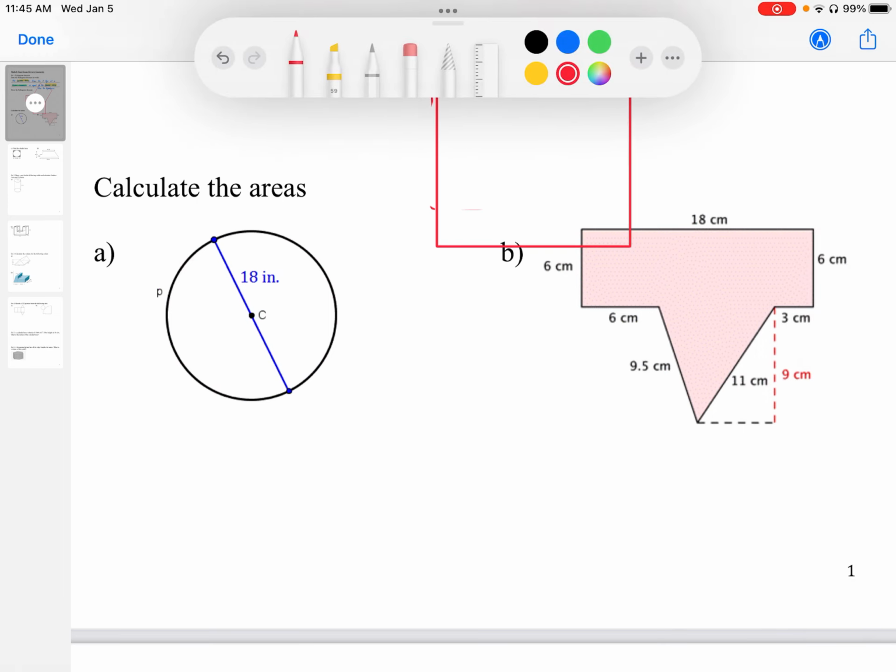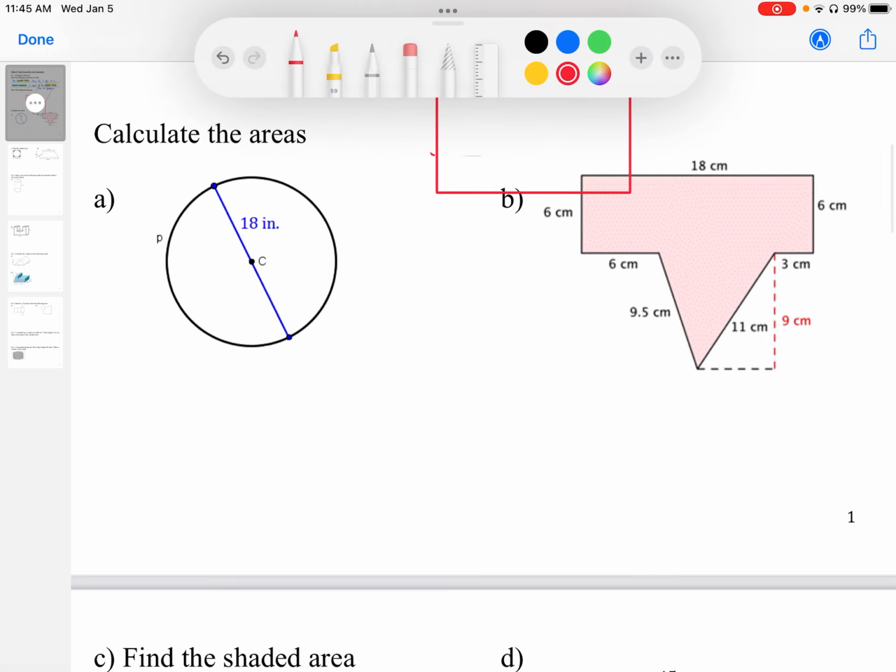Okay, taking a look at the next one here, calculate the areas. The area of the circle is going to be based on the area formula for the circle, which is pi r squared. So the area of the circle here, the radius is going to be 9 inches. I'm going to square that, and so I get an area of 81 pi inches squared.